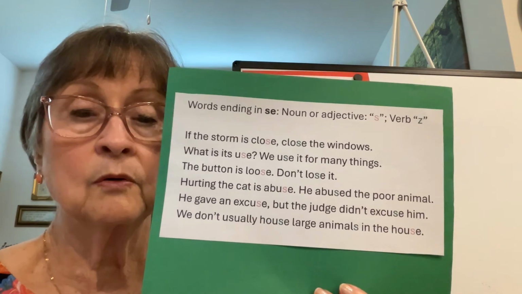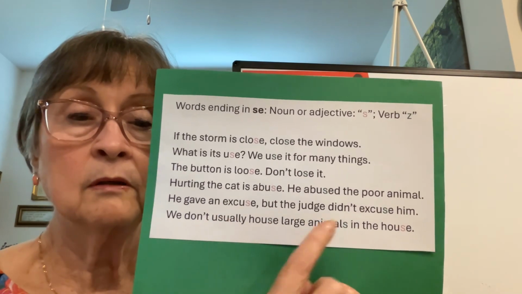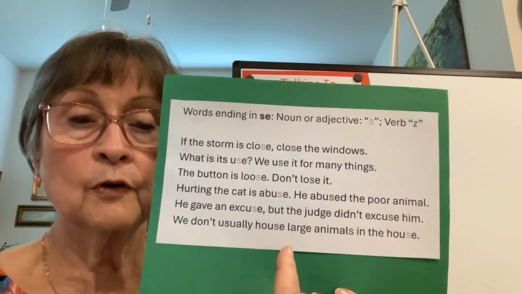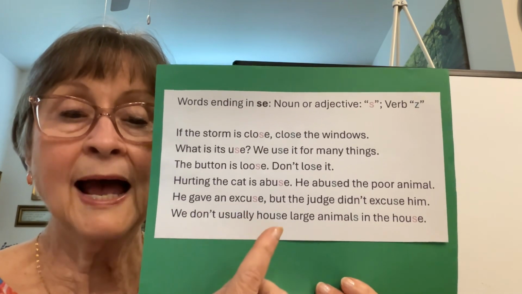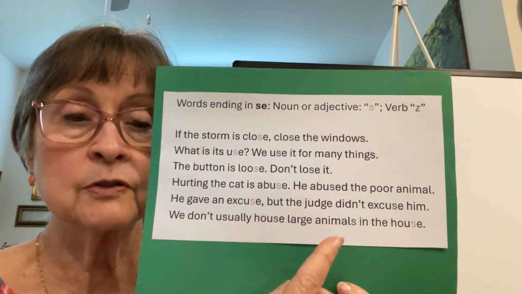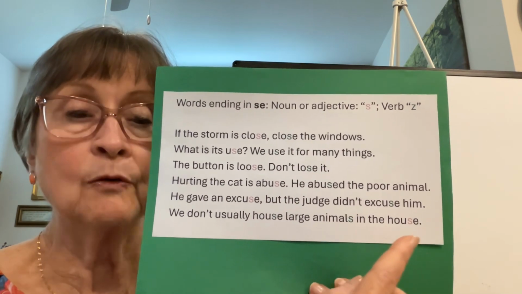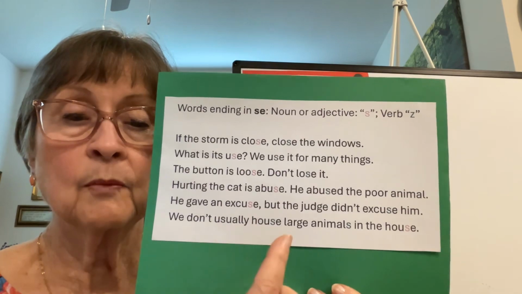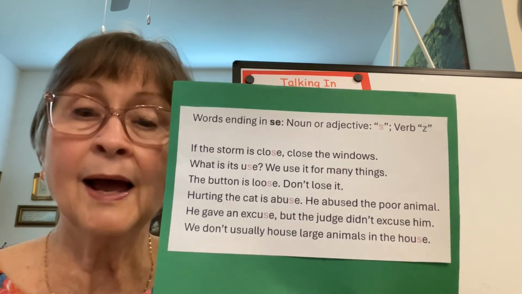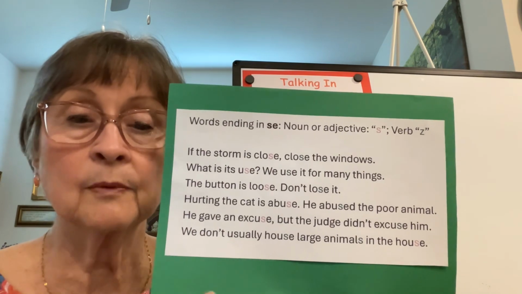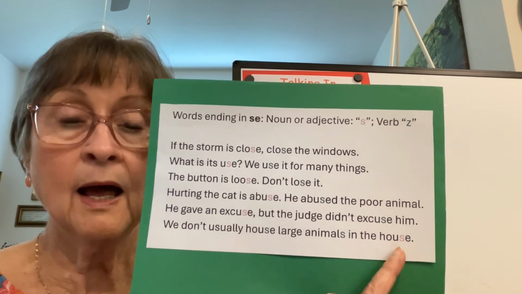He didn't let him go. Noun, verb. Now this one has the verb and then the noun, but it works the same way. We don't usually house large animals in the house. Noun, verb. This house is like if you let them live in a place, you house them there. It's a verb. But this is the building, the house.